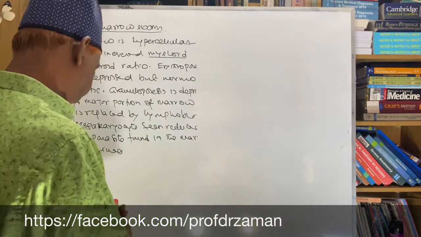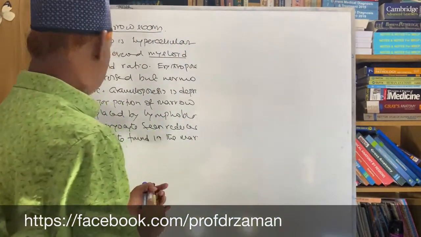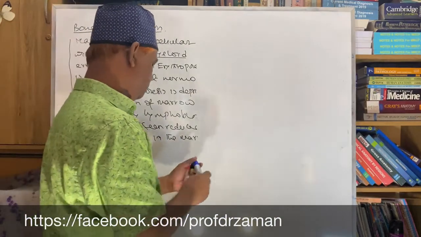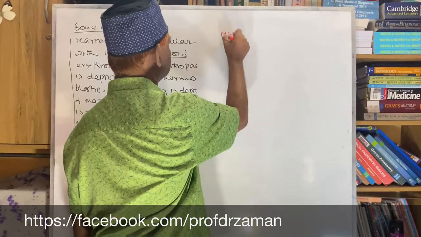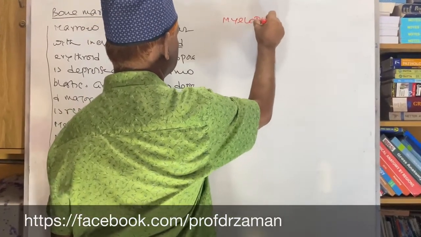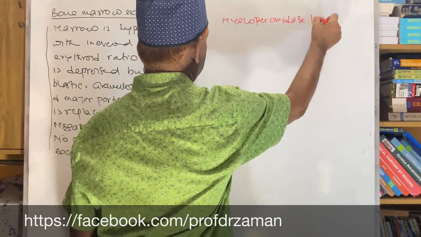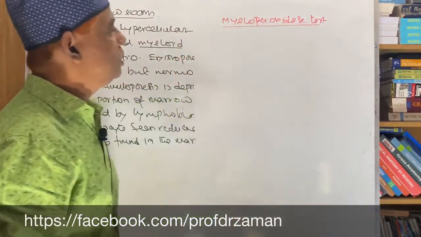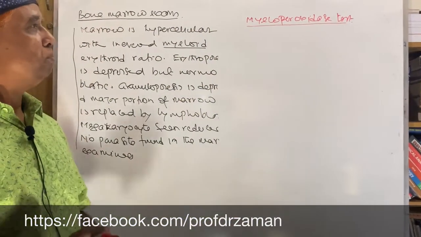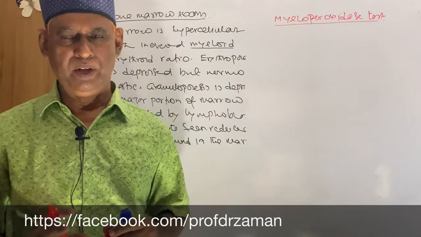Now come to the myeloperoxidase test. Dear audience, you know myeloblast is peroxidase positive and lymphoblast is peroxidase negative.